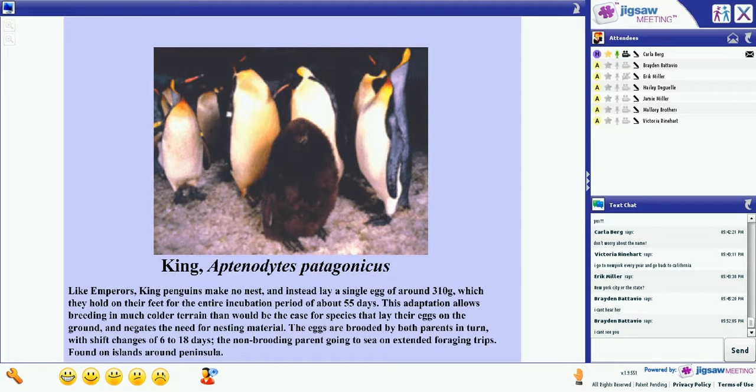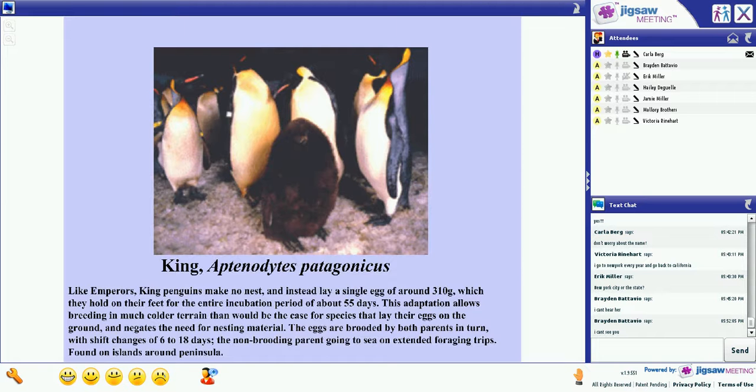The incubation period is the amount of time it takes from the time the egg was laid to the time that the egg hatches. So for king penguins, that's about 55 days. Now, king penguins and emperor penguins do something that's unique, and instead of building a nest like a bird to put its eggs in, they keep their eggs on their feet.